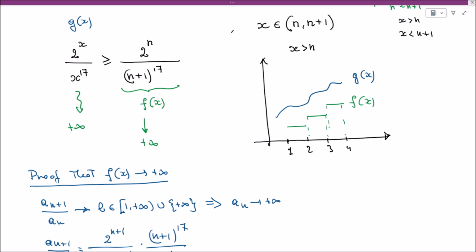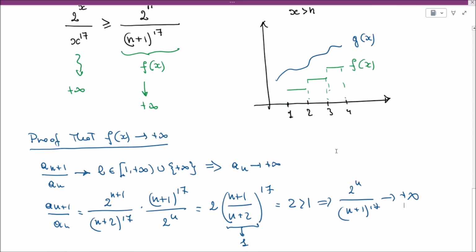And after doing the simplification, we have 2, and then n plus 1 divided by n plus 2, to the 17. But of course we know that this will tend to 1, so this limit is 2, which is larger than 1. So this proves that a n, which is 2 to the n divided by n plus 1 to the 17, actually diverges to plus infinity, right?